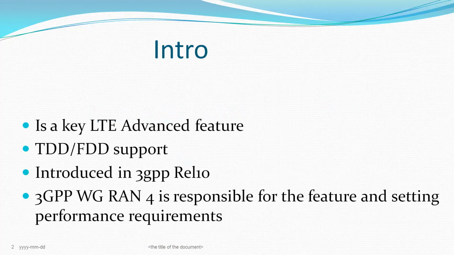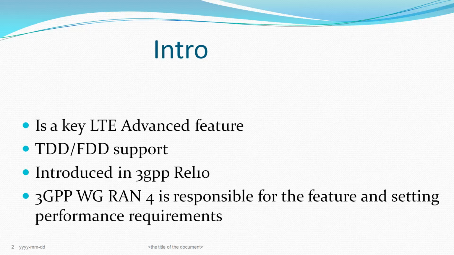So a small introduction regarding carrier aggregation. First of all, carrier aggregation, or CA, is an LTE Advanced feature. It's the most demanding feature within LTE Advanced. LTE CA also supports TDD and FDD, which means it supports both time division and frequency division.